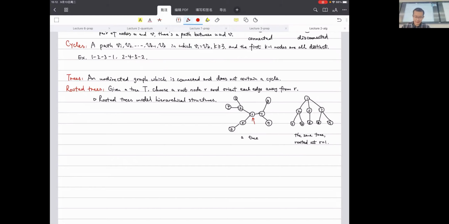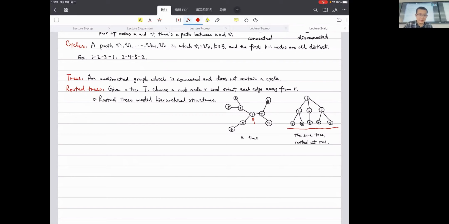Then you can rearrange the graph like this. This is the definition of a rooted tree, and in our course we will see several times how a rooted tree is a good form to formulate some algorithms. Today, we are going to continue the discussion.